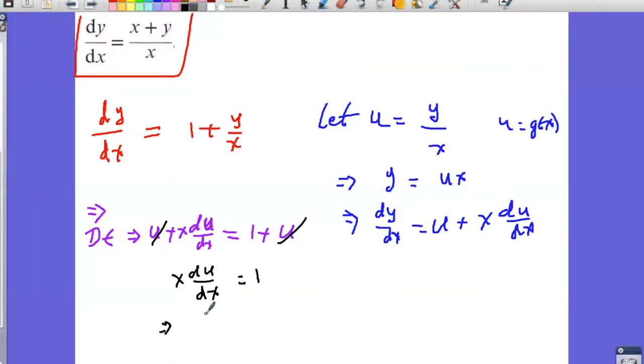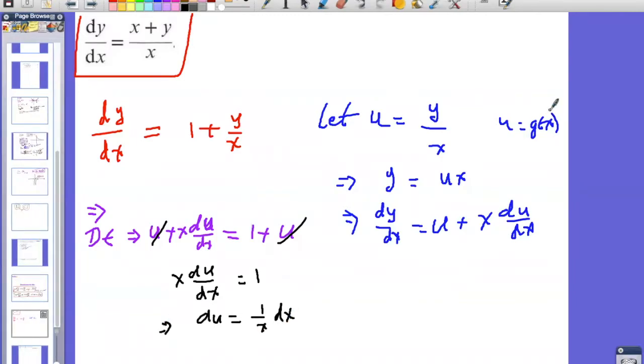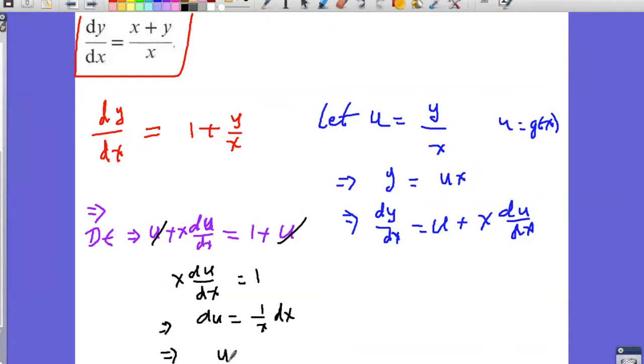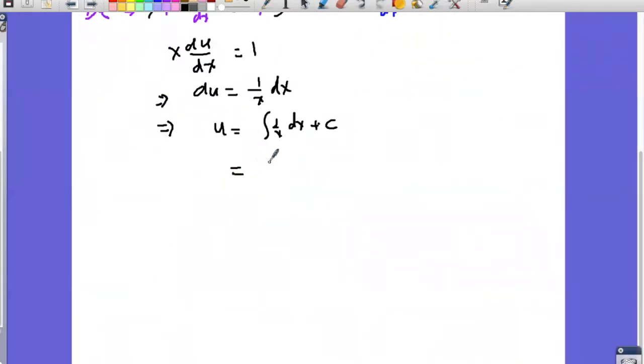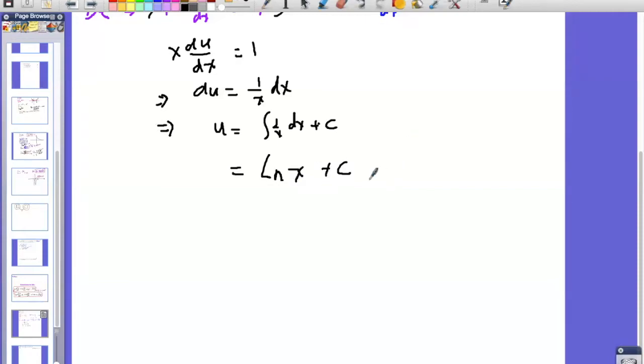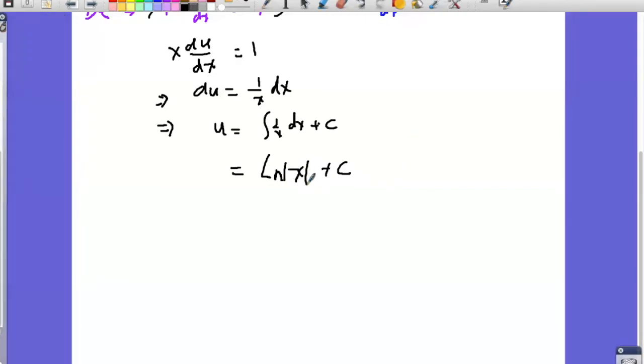So du should be equal to 1 over x dx. We can separate variables here. That gives us u should be the integral of 1 over x dx plus c. That is a method we know. So that will be natural log of x plus c. Let me put absolute value here.